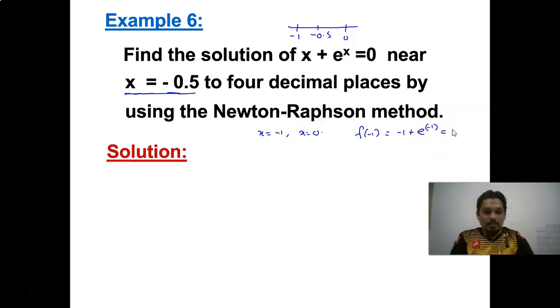What are we going to get here now? Negative 1 plus e to the power of negative 1, which is 1 over e.